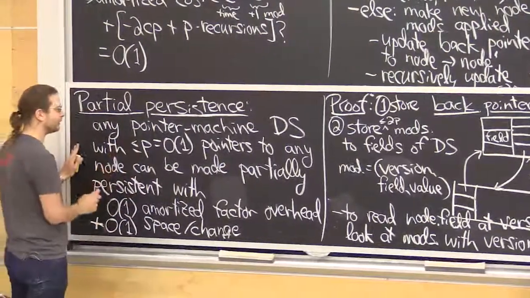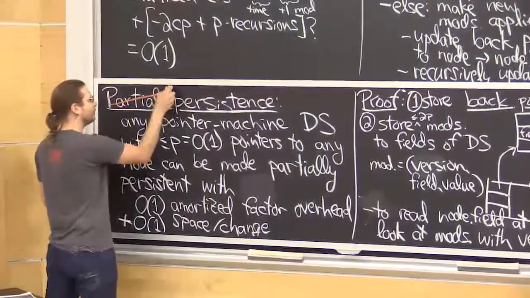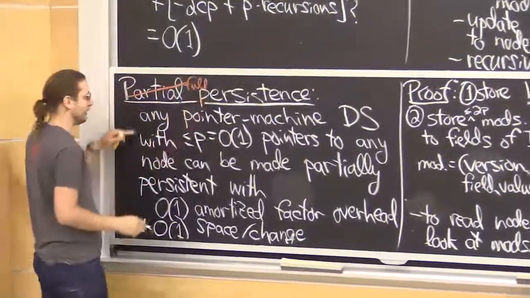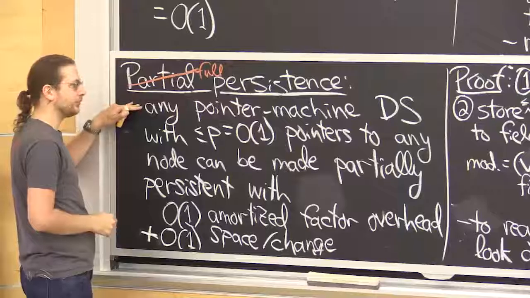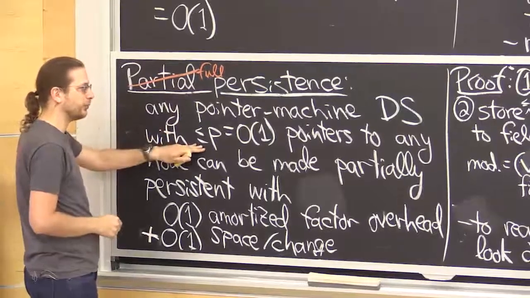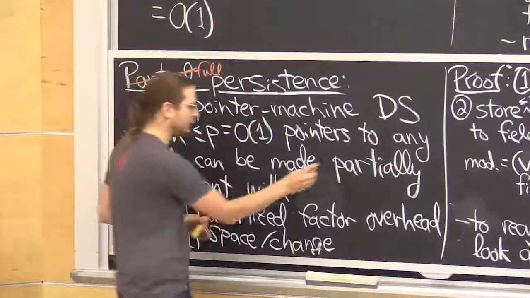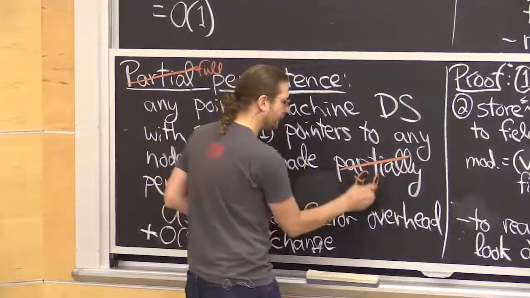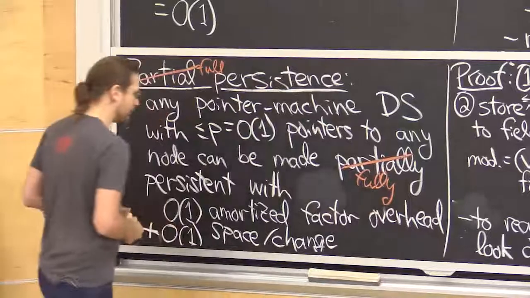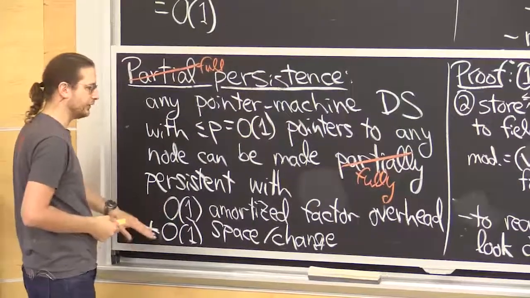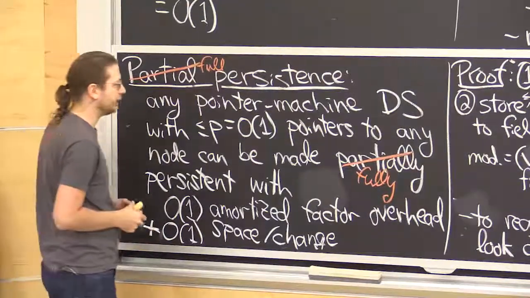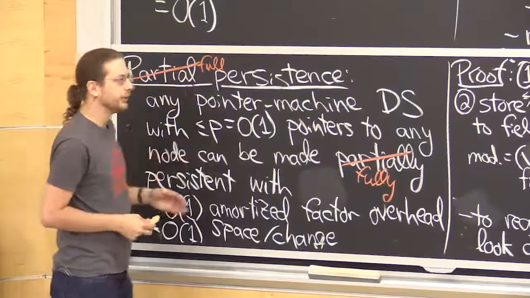We change partial to full. Again, it's going to apply to any pointer machine data structure with a constant number of pointers, call it P, pointing to any node. Now we can make it fully persistent with a constant amortized factor overhead and constant space for each change to the data structure. So exactly the same theorem is possible.